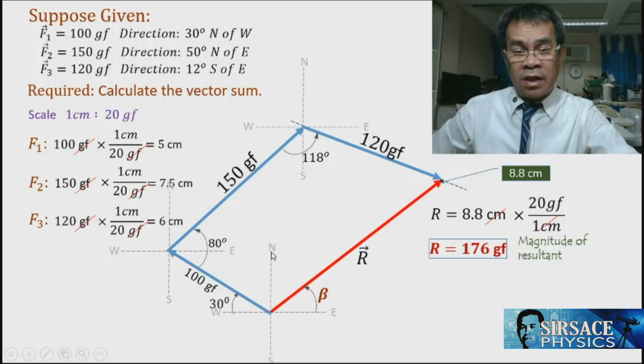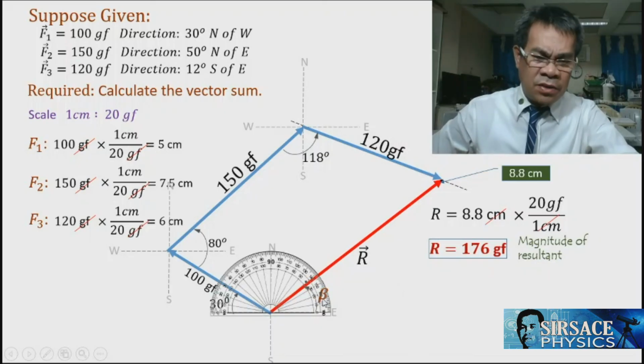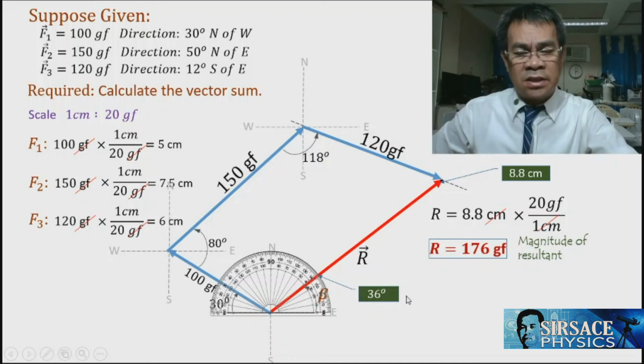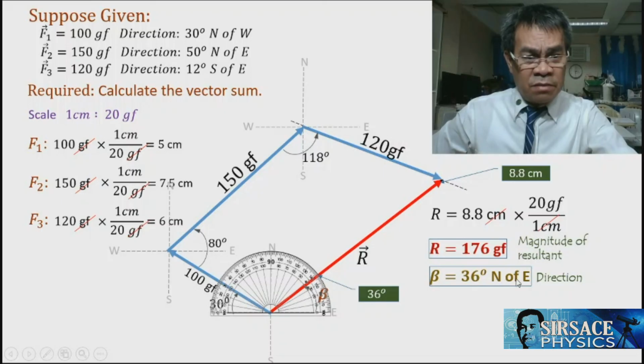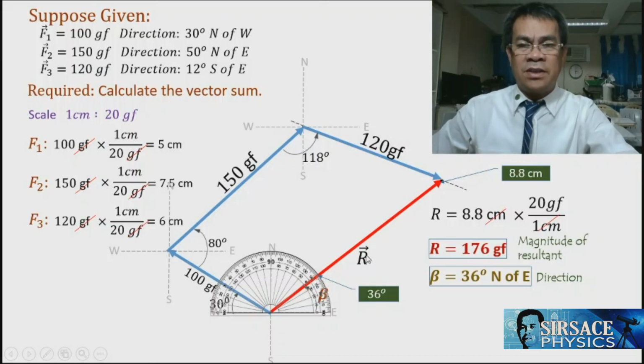We call it the bearing angle representation. So therefore, use the protractor. Based on this record, we found out that this is 36 degrees. So this is 36 degrees northern part of S. This is the direction. So these are the solutions.